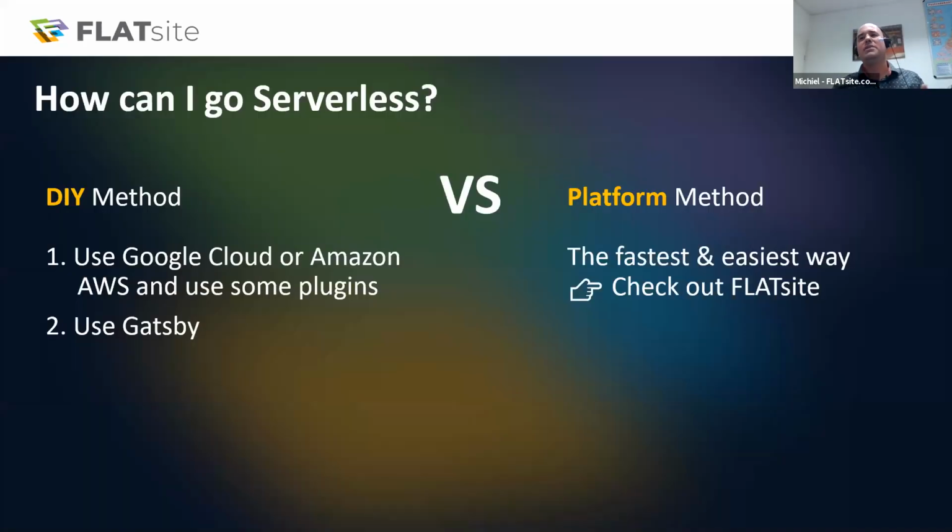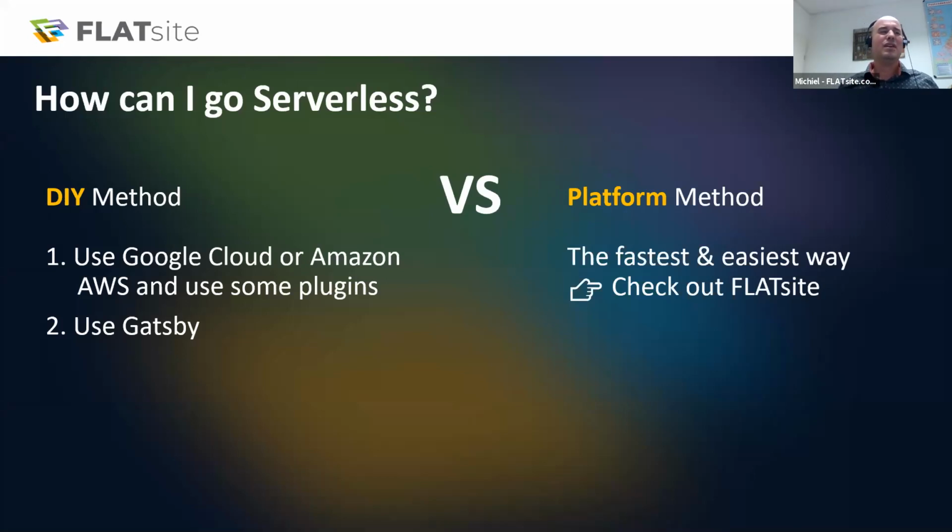And there are different ways of going serverless, and there are maybe methods that I don't know of, but the most common methods, I would say, are the do-it-yourself method and the platform method. For the do-it-yourself method, you can use, for instance, Google Cloud or Amazon AWS. You can download some plugins, and within, let's say, a few hours, you can pretty much convert your website to a static page.